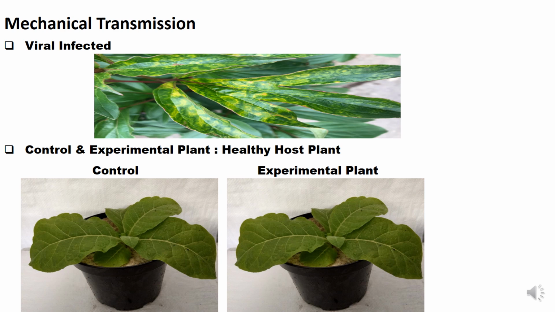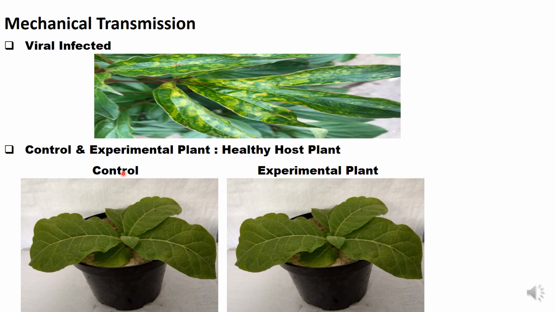For the mechanical transmission, you need an infected plant which is otherwise in good condition, and it must also be a young plant so that you can get a good amount of virus from it when it is crushed. The second thing, you need two indicator plants. For example, here there are two indicator plants.